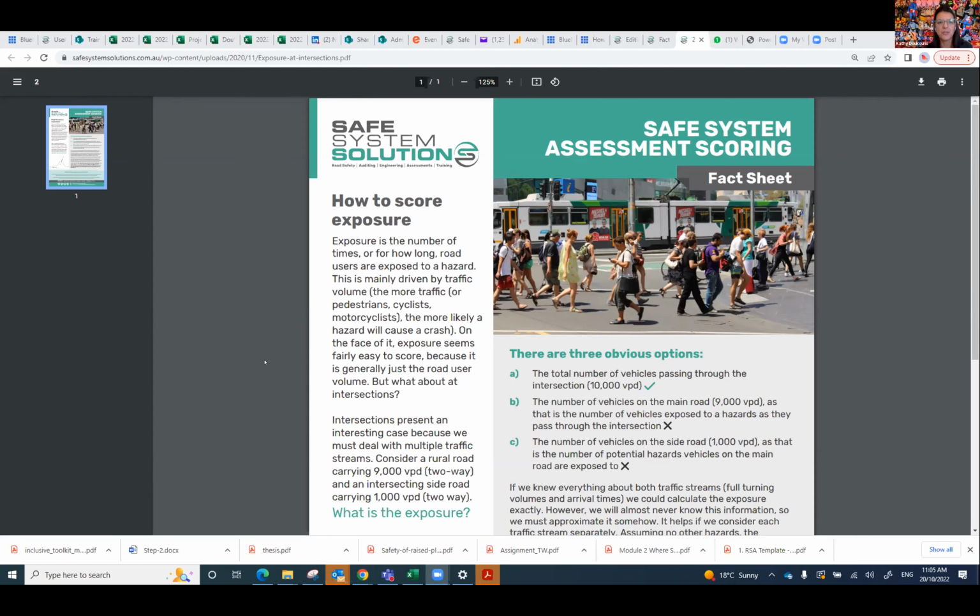Are there guideline notes on estimating those numbers anywhere for pedestrians, cyclists and motorbikes, i.e. the 1-2% for motorbikes? Is there anything on that? In the Austroads guide, there's a little hint to that 1 to 2% for motorcyclists. There is nothing for, well, there are the actual numbers for pedestrians and cyclists and the like.